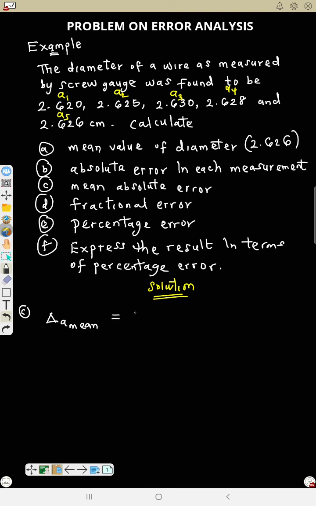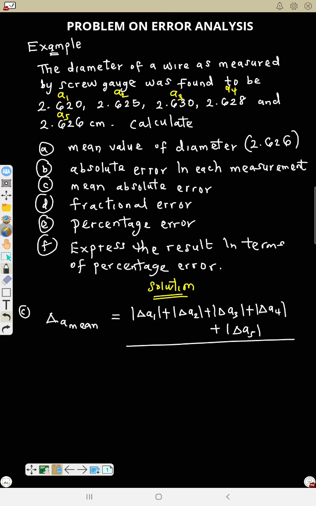which is equal to magnitude of delta A1 plus magnitude of delta A2 plus magnitude of delta A3 plus magnitude of delta A4 plus magnitude of delta A5, everything divided by 5.